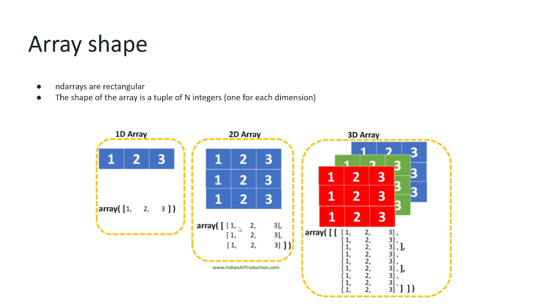You can see that this one represents the first row, this value represents the second row, and this value represents the third row. Then if you are looking to define three-dimensional values, you can see how it can be realized by putting two outer opening square brackets, and after that you will be putting the row information.